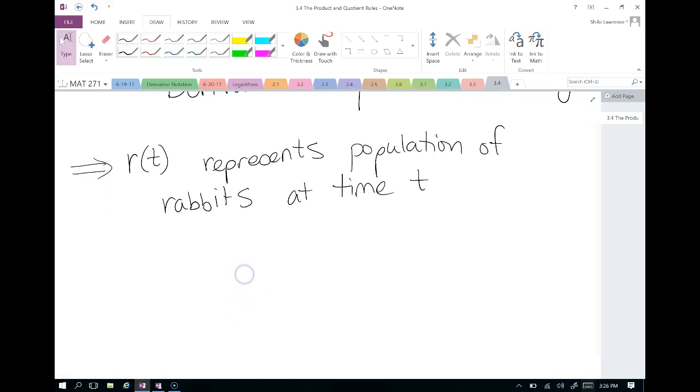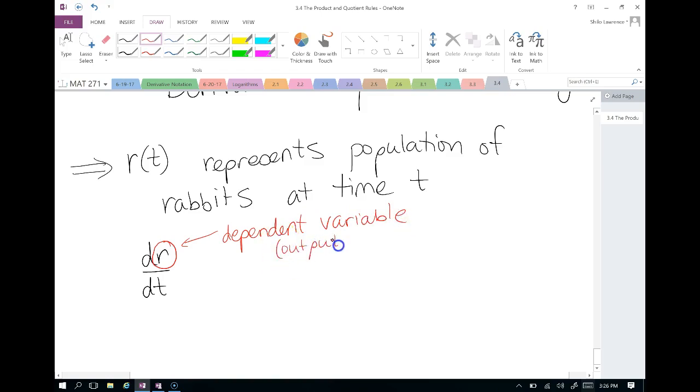So when we take the derivative, one way we can write it is dR/dt. You're always going to see the dependent variable in the numerator. The dependent variable is your output variable. And you'll always see your independent variable in the denominator.